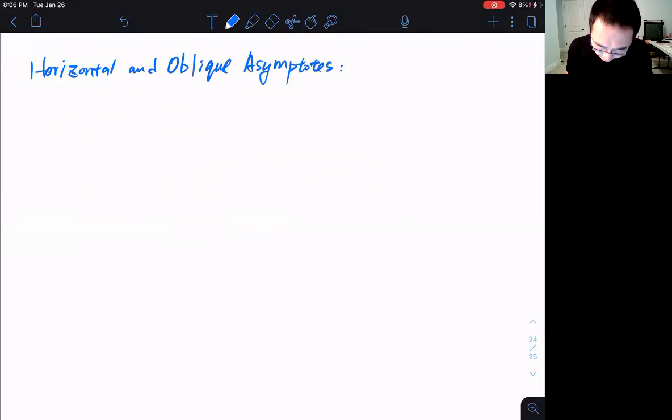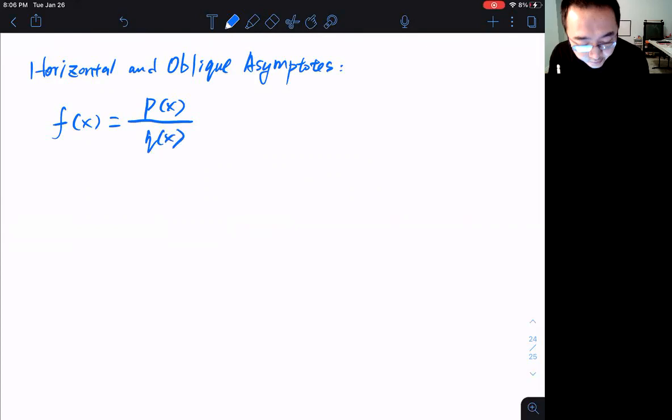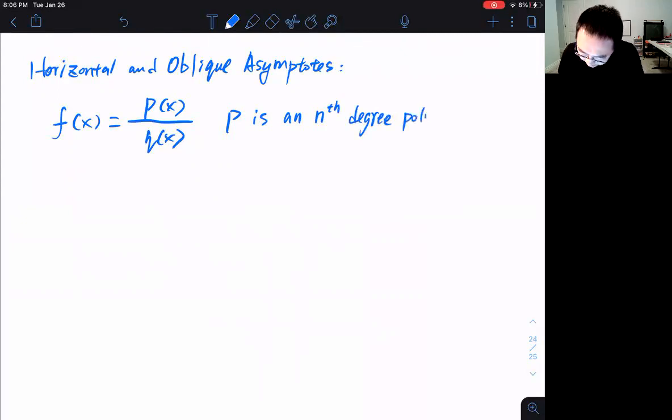Again, if the function f of x is p of x divided by q of x, two polynomials divided by each other, and let this be a rational function, that means p is an nth degree polynomial with a leading coefficient a of n.